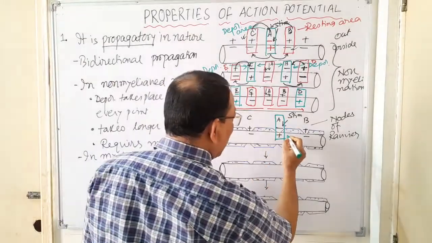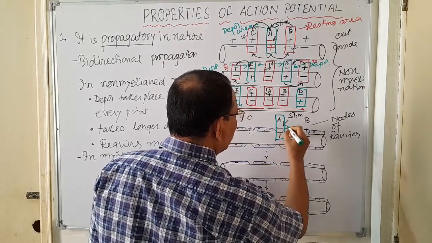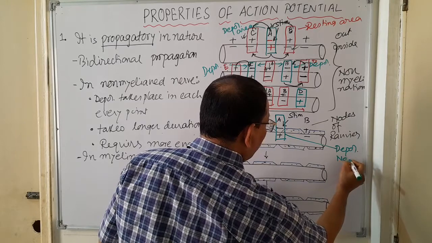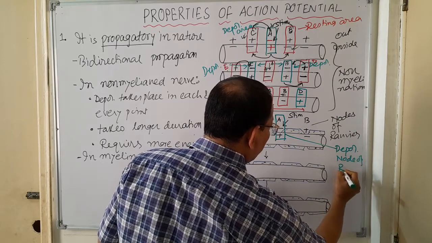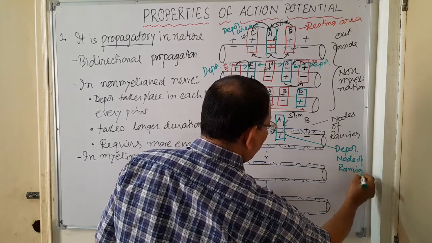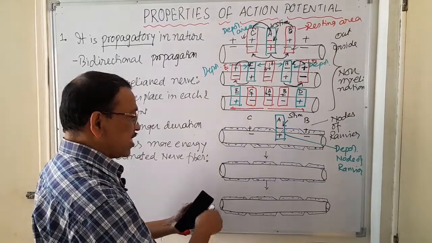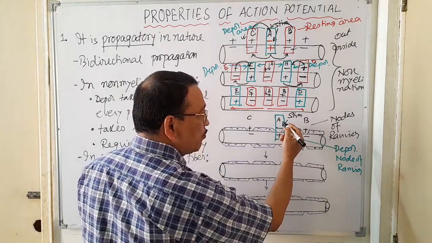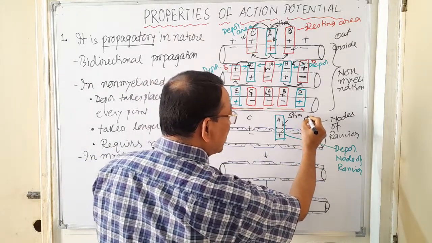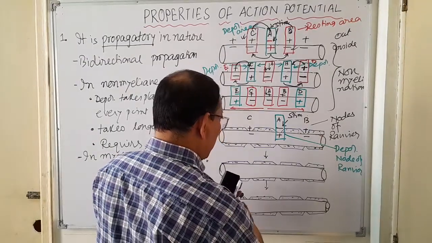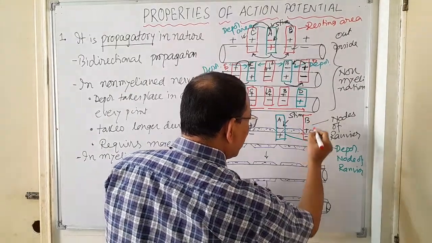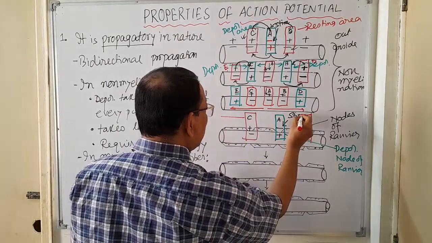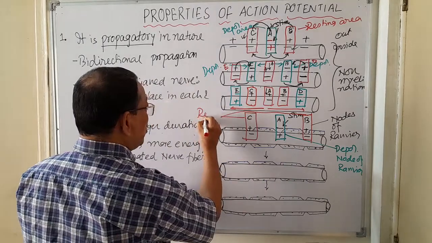And the adjacent node of Ranvier is distantly located. It is far away from point A. It is at the point B. That is the resting node of Ranvier. So these are all the resting nodes of Ranvier.